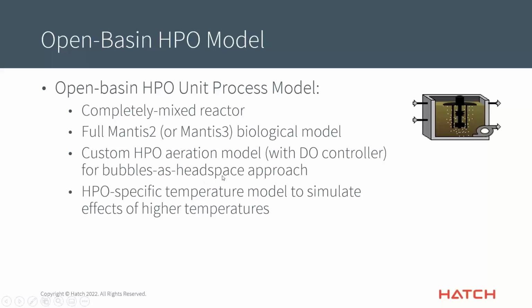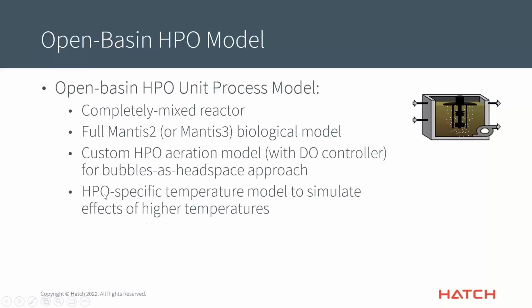It has a DO controller, and it's more or less the same kind of model as the headspace one with the Unox reactor. However, as I mentioned, it's treating the volume of the bubbles as the headspace, and then we model the exchange of gases from there.